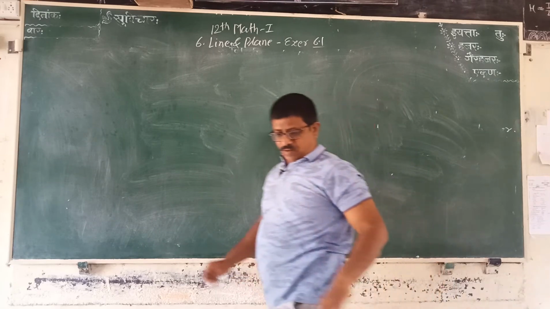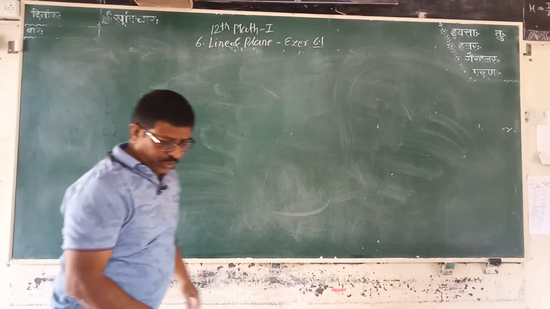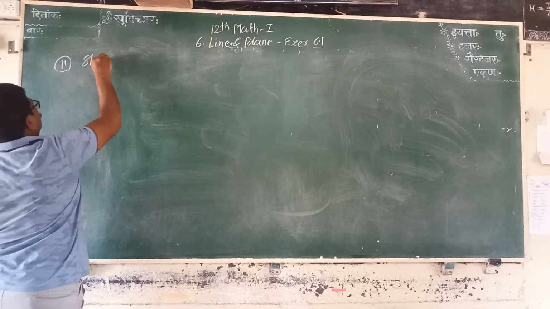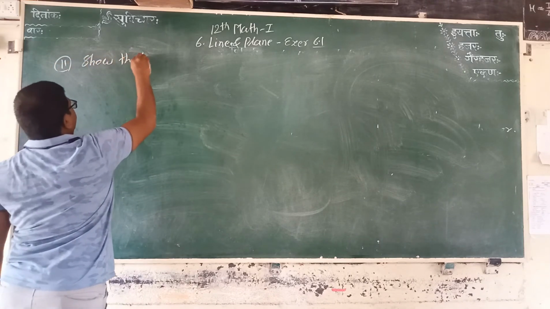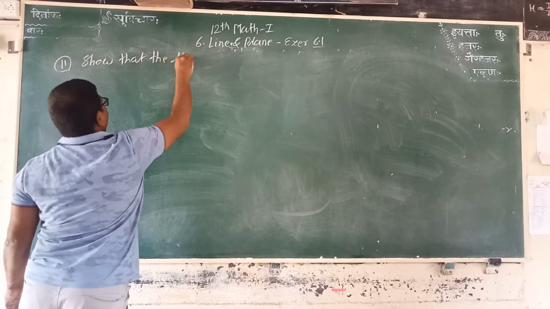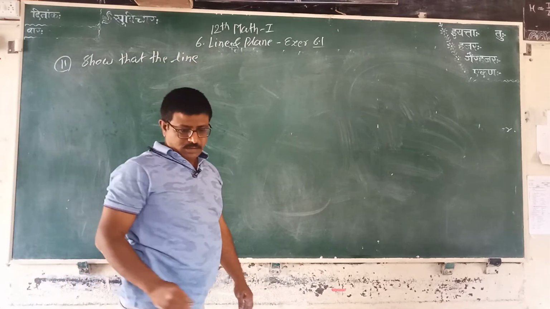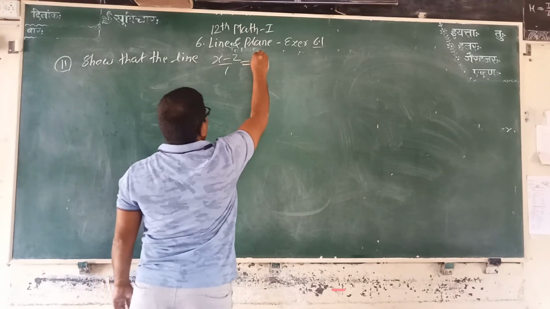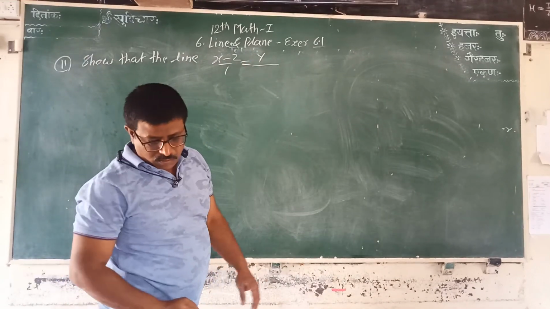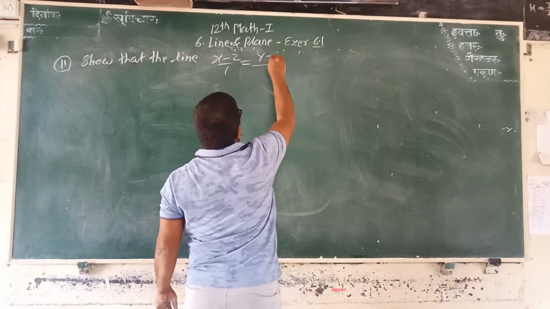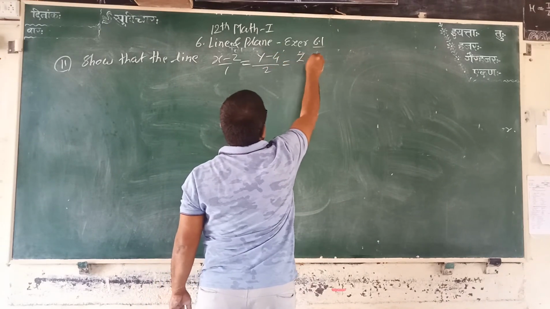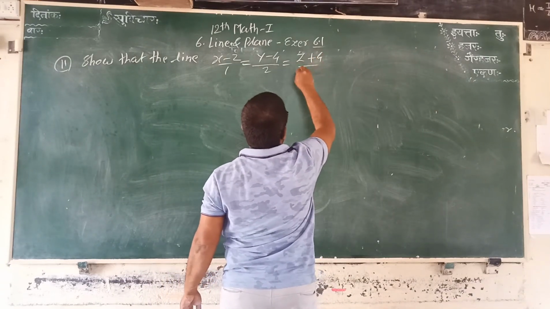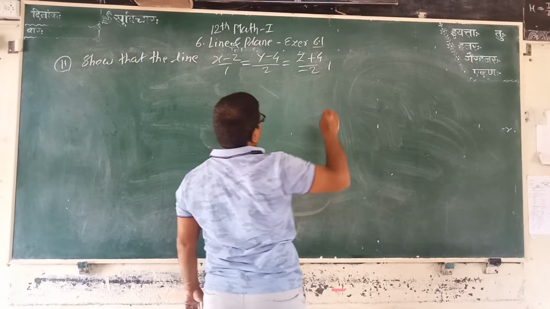In question number 11, show that the line x minus 2 upon 1 is equal to y minus 4 upon 2 is equal to z plus 4 upon minus 2 passes through the origin.